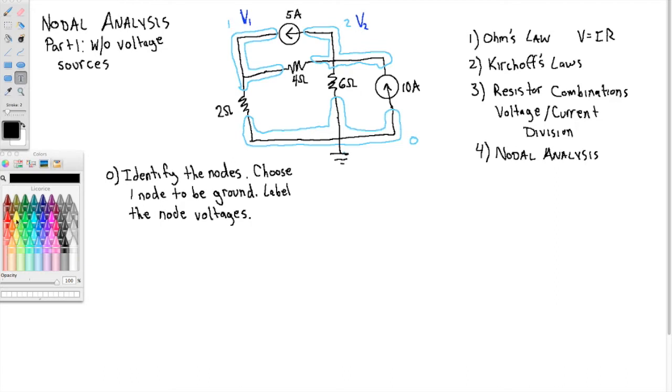So kind of in red here, I'm going to say, well, n nodes, right? 1 is ground. That leaves n minus 1 unknowns.